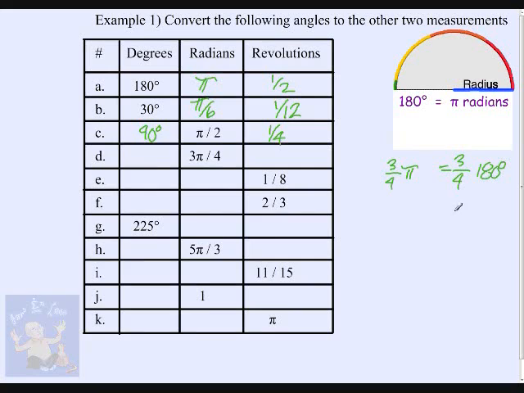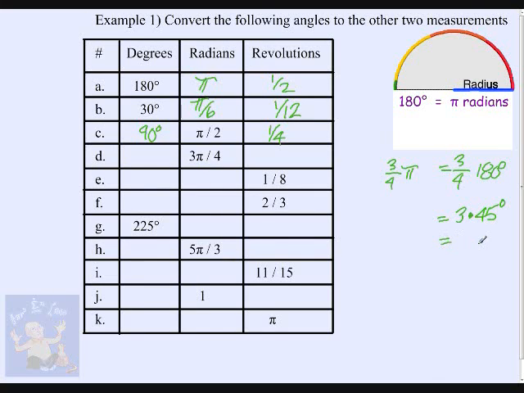Now it turns out 4 will go into 180 evenly, won't it? How many times will 4 go into 180? Well, 2 will go in, that'd be 90, so 45 degrees.